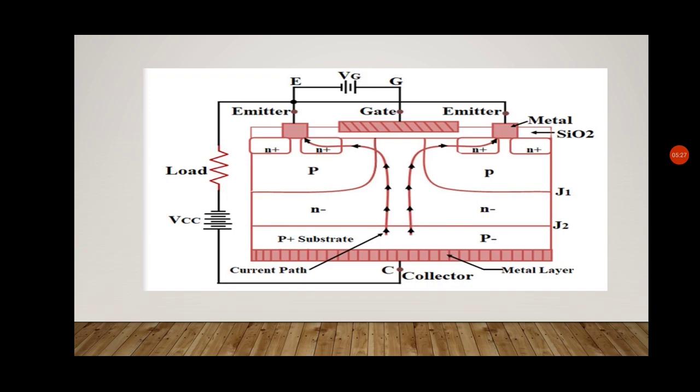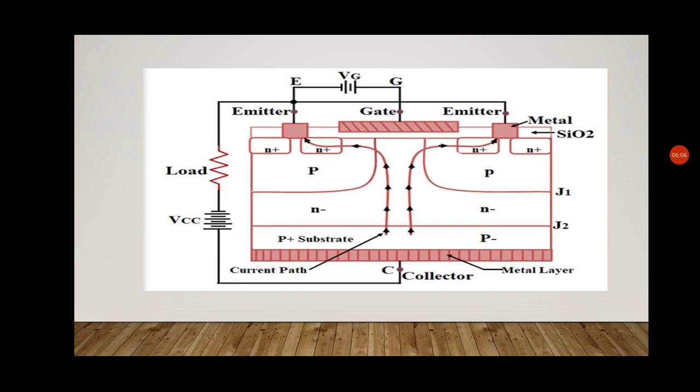Now, consider another voltage VCC connected across the emitter and the collector, where the collector is kept positive with respect to the emitter.